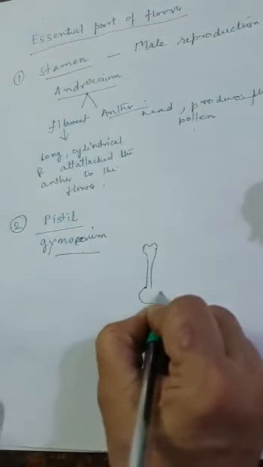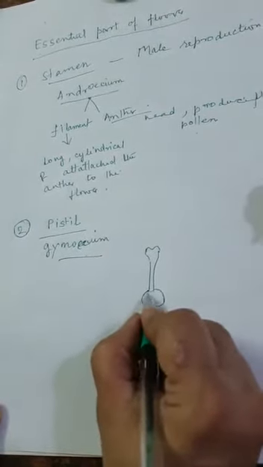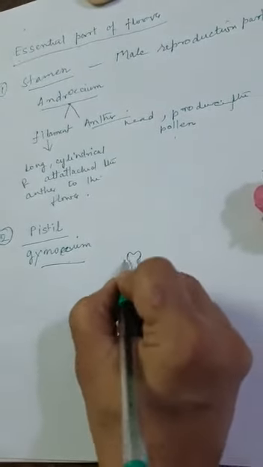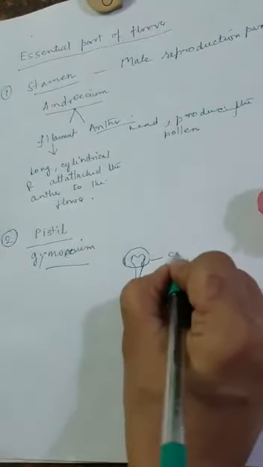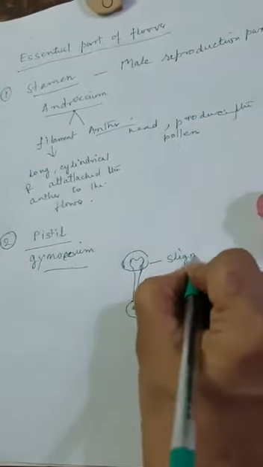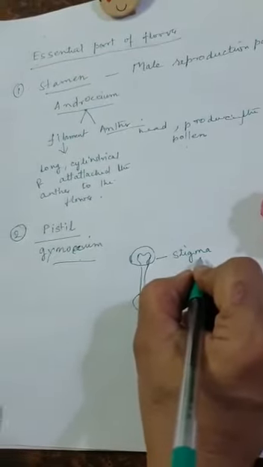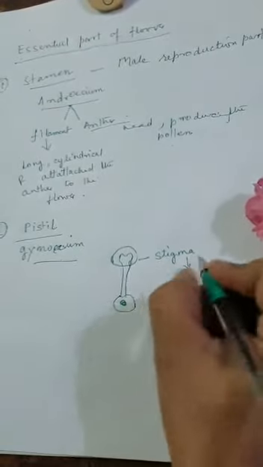This is the female reproductive part of the plant. This is known as the cup-shaped structure. This is known as stigma. The purpose of this part is to be the landing place for pollen.